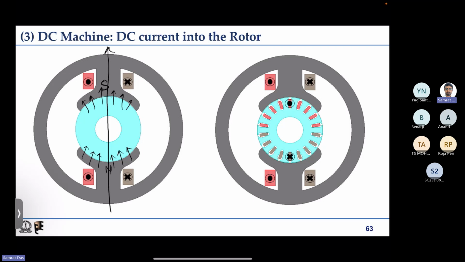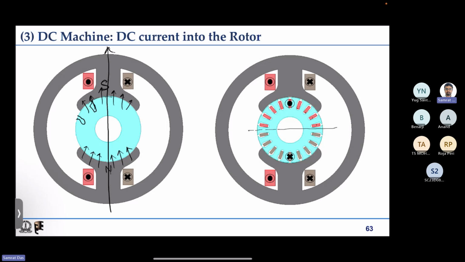Now what can we do? We can put some conductors, we can put some magnetic fields in the rotor. We can basically make some slots in the rotor like this. Say we have made how many, 1 2 3 4 5 6 7 8 9, so total 18 slots we have made. And say at any given instant of time, when the rotor is stationary, we inject positive current or dot current into all the slots which are on top, and cross current in all the slots which are in the bottom.